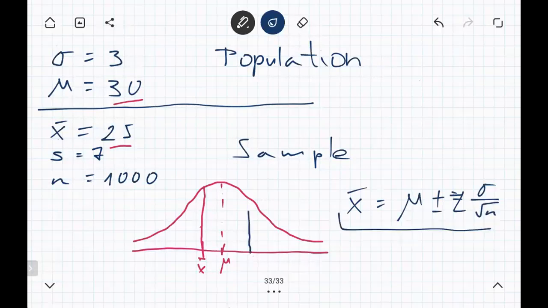And then we will just look if our sample mean is inside that interval, then it probably means that the difference between sample mean and population mean is just a sampling error. But if it's outside that interval, then that should mean that it's not just a statistical error, it's a real difference.